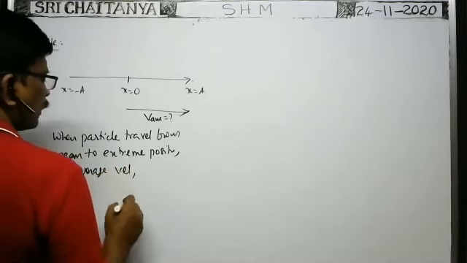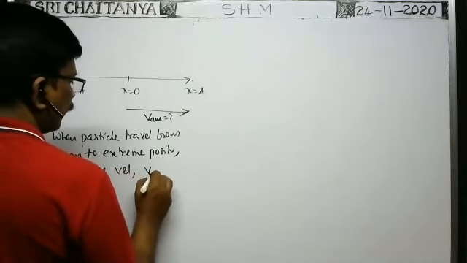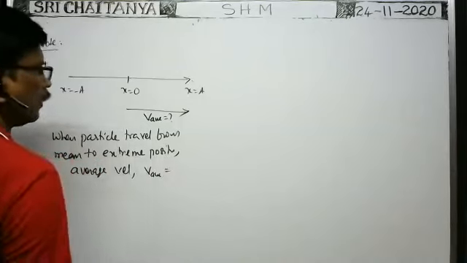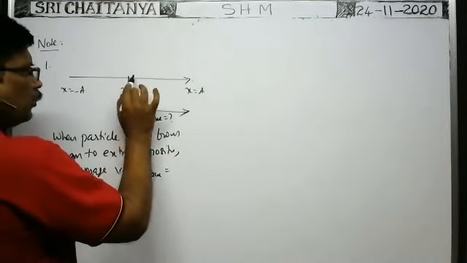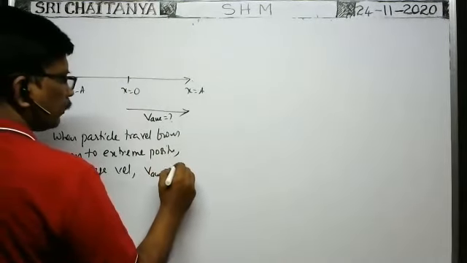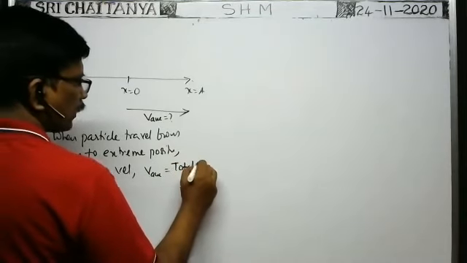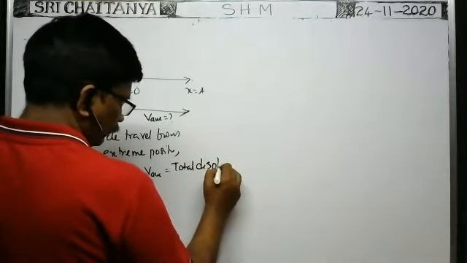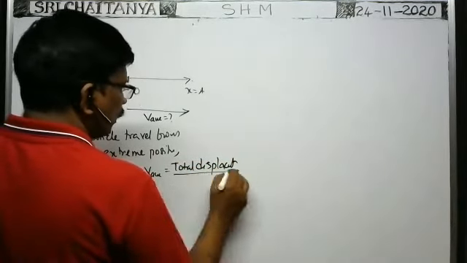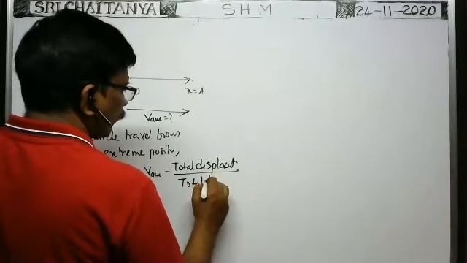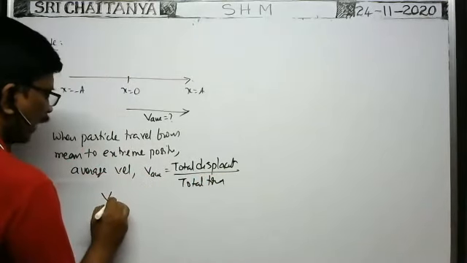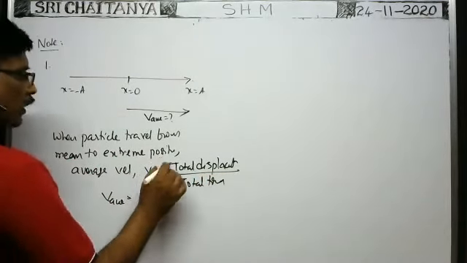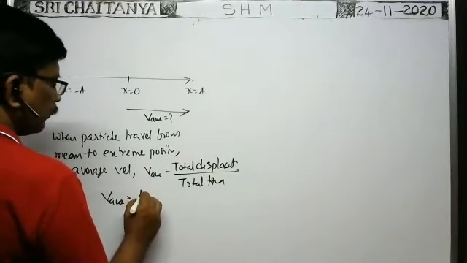Average velocity of the particle, v average, is equal to, what is the formula? When the particle travels from mean to extreme position, the total displacement is total displacement by total time. Because they ask velocity, average velocity means total displacement by total time. So average velocity is equal to total displacement, which is a, by total time.